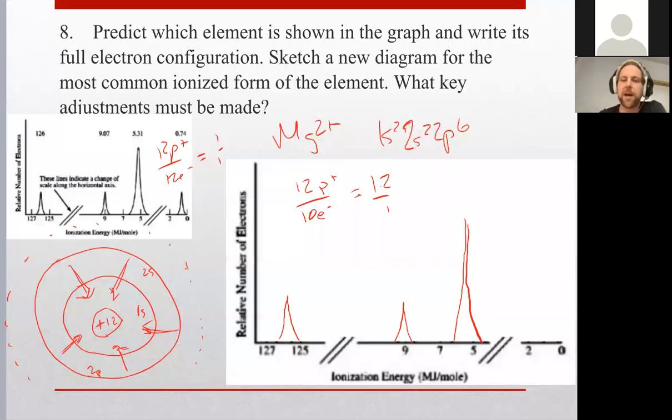This is called the ionic radius. Positively charged particles get smaller than their neutral form. And now that they're smaller, we're actually getting these electrons closer to the nucleus. And what this does is increase the ionization energy of every electron.